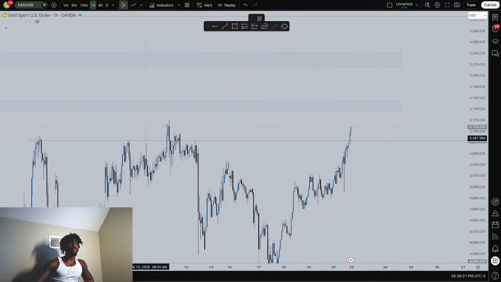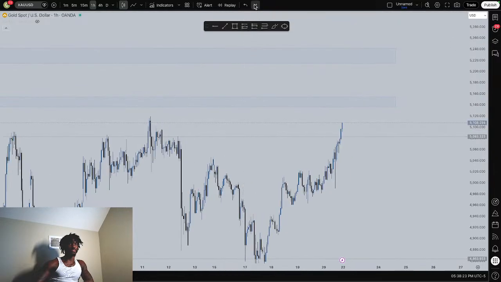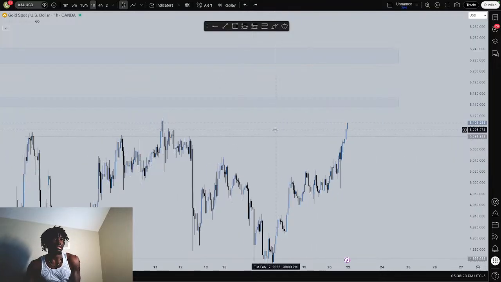This price broke above and then came right back down below, started retesting and holding as resistance, then came all the way back down. So what I want to see is gold actually continue to maintain above support.